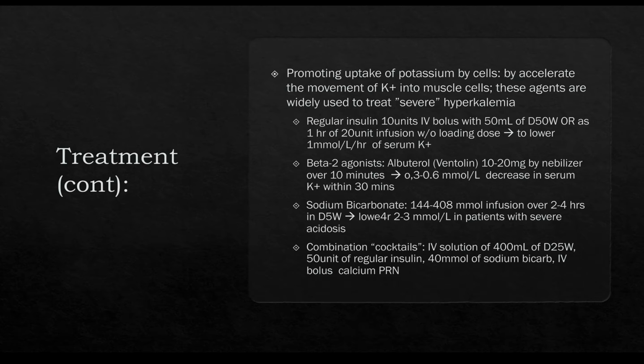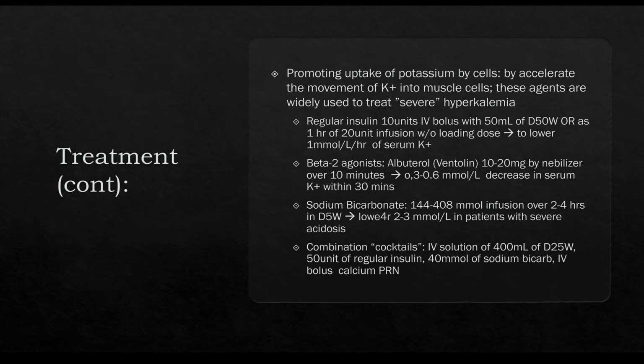We can also give the patient beta-2 agonists such as albuterol, 10 to 20 milligrams by nebulizer over 10 minutes. This would lower potassium by 0.3 to 0.6 millimole per liter within 30 minutes. Sodium bicarb can be given at 144 to 400 millimole infusion over 2 to 4 hours in D5W.